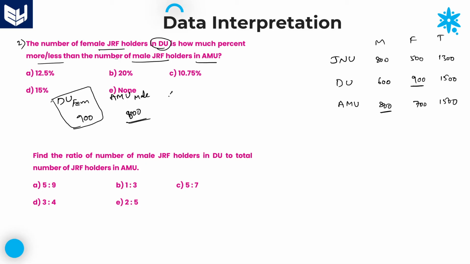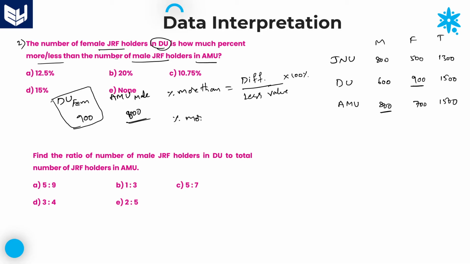So we need to calculate percentage more than. Percentage more than is nothing but the difference between the values that we are calculating divided by the less value into 100 percentage. Remember, whenever we are calculating percentage, into 100, percentage symbol, that is the common point.